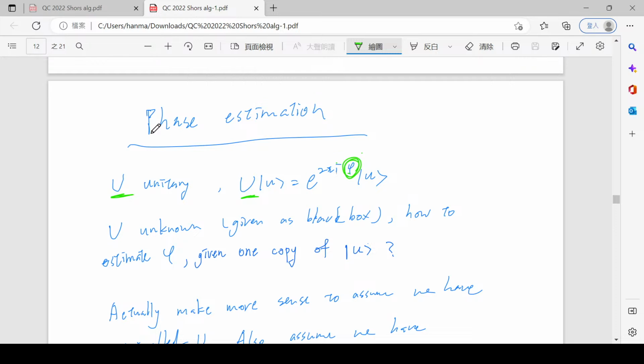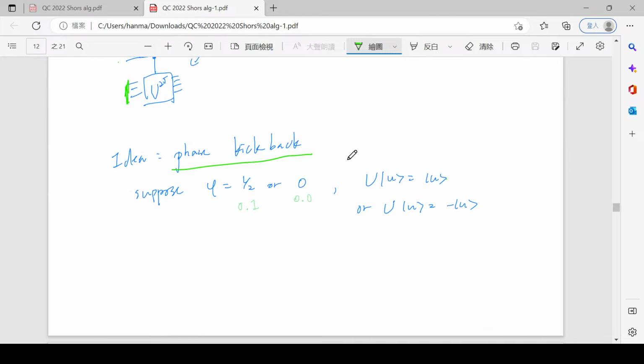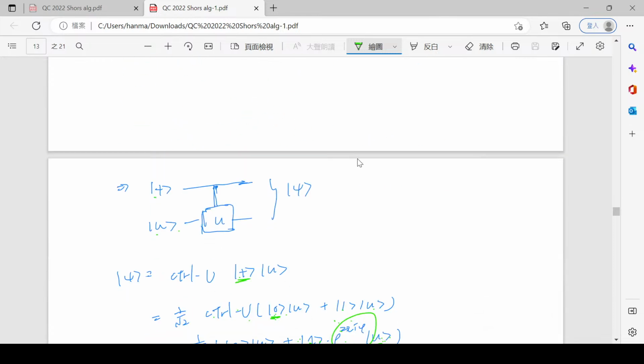So this is a very quantum task where you are given some circuit U, and one copy of its eigenvector small u, and you want to learn the phase of this unitary U. So basically it has an eigenvector, it has an eigenvalue e to the 2 pi i phi, and you want to learn its phase phi. And the idea we use is phase kickback.